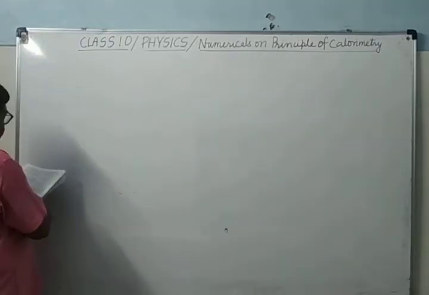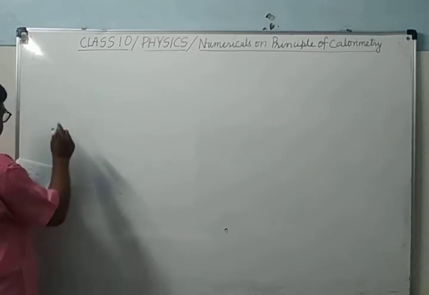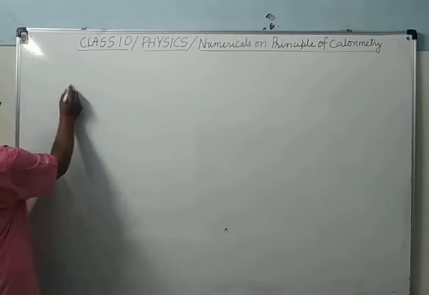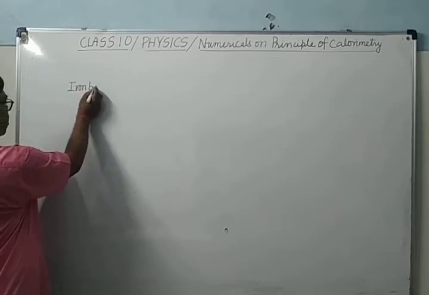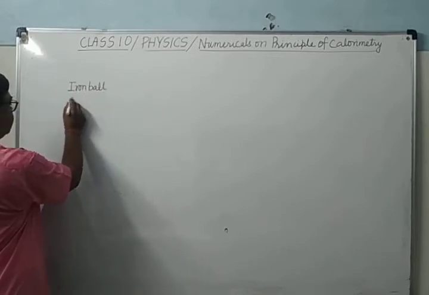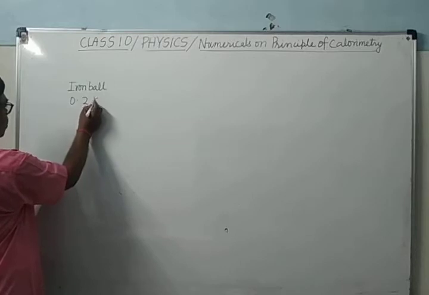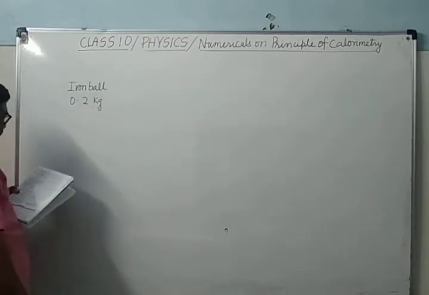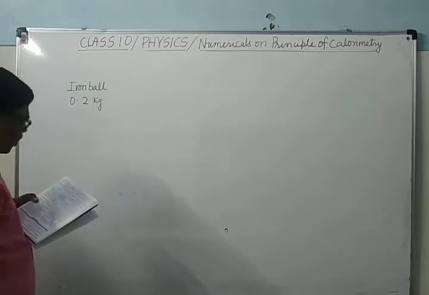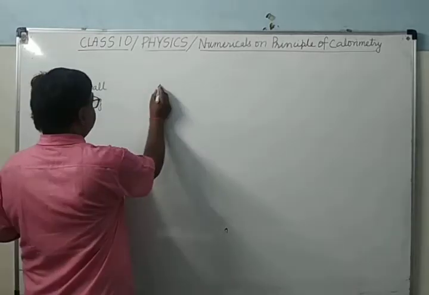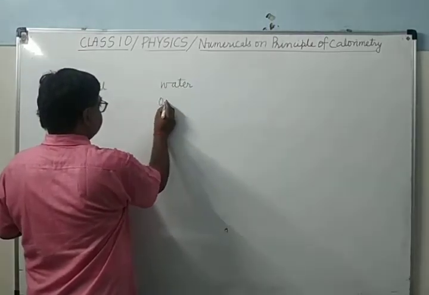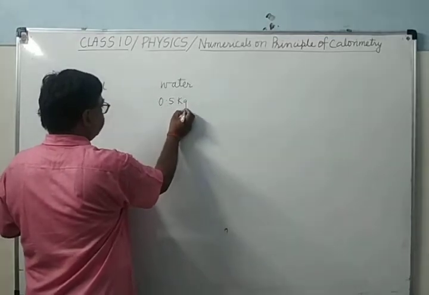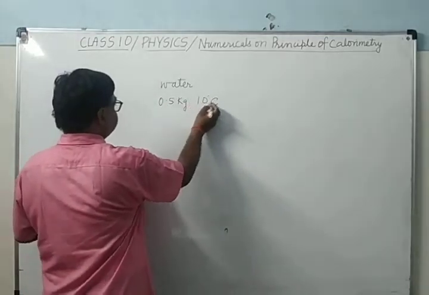A hot iron ball of mass 0.2 kg is added into 0.5 kg of water at 10 degrees Celsius.